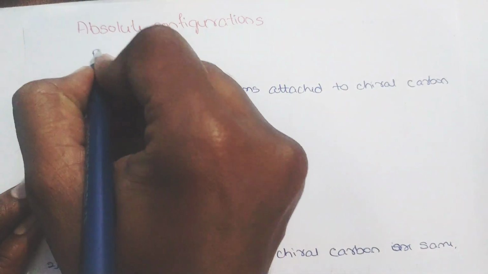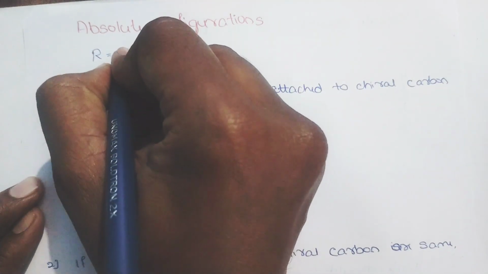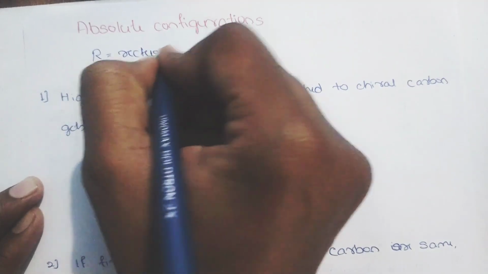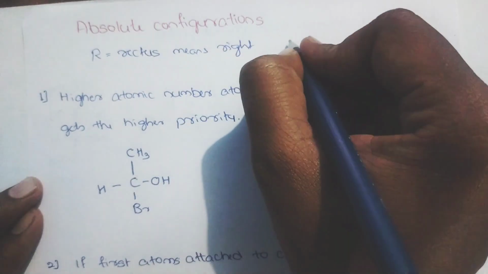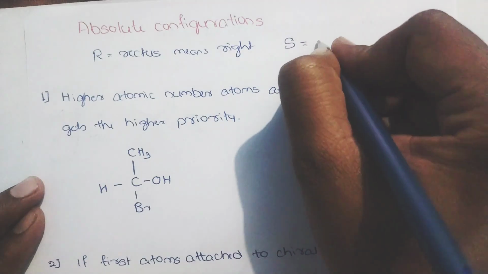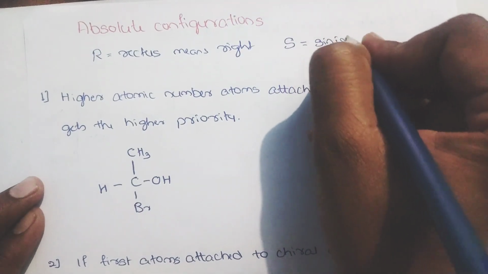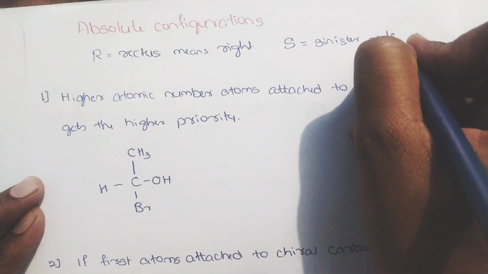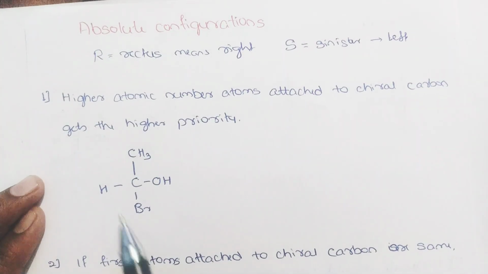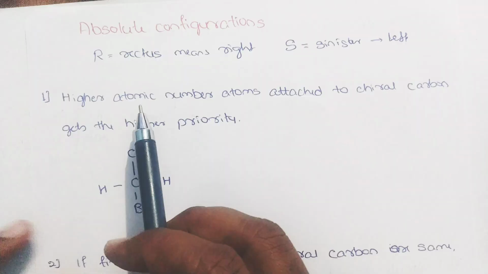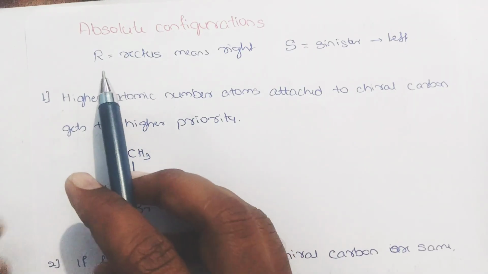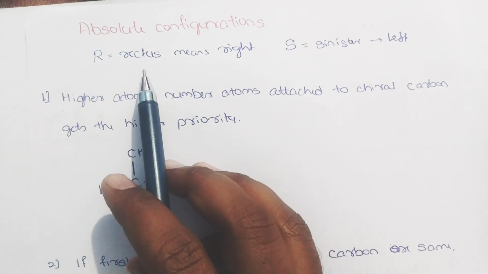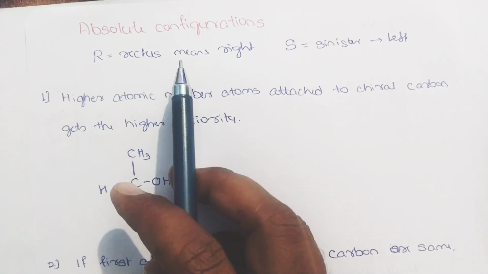The meaning of R is rectus, which means right side. And S is sinister, which means left. So when the molecule is optically active, if the configuration of that chiral carbon is R, it rotates the light to the right side.